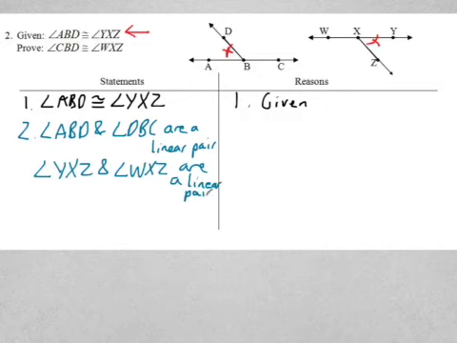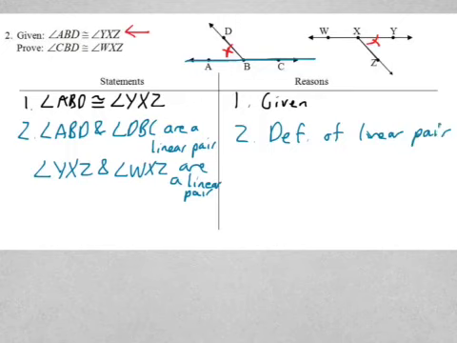Okay, remember a linear pair is two angles that together form a straight line. Well, those form a straight line, don't they? Okay, so my reason for that is just the definition of a linear pair.